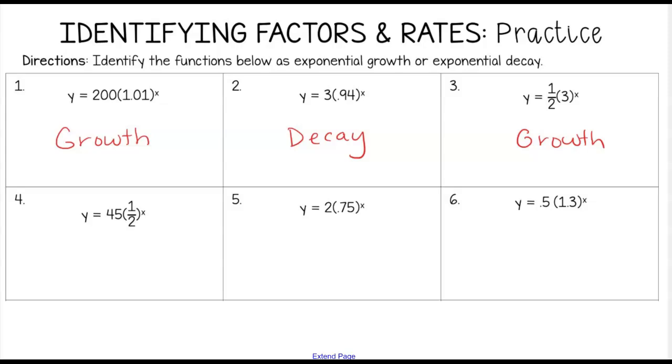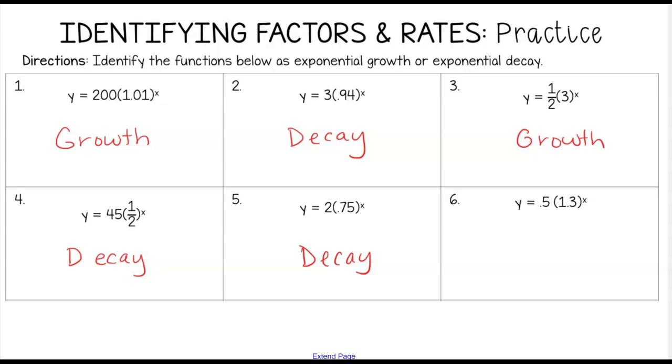Now we're looking at number 4. That second number is 1/2, so that's between 0 and 1, so that's going to be decay. Take a look at number 5. Now, number 5, we have 2 times 0.75. 0.75 is between 0 and 1, so that's going to be a decay.